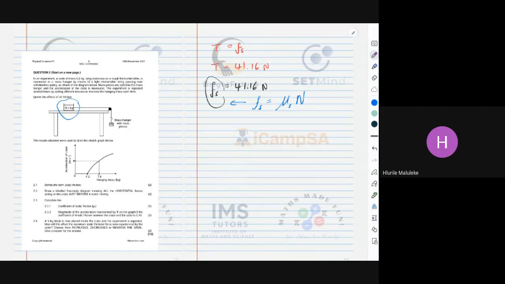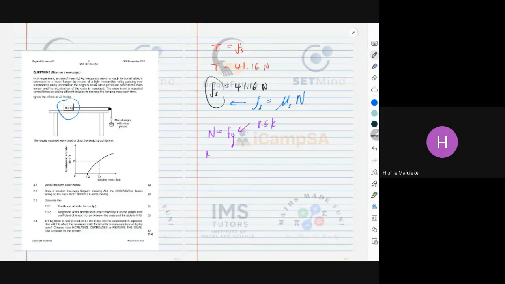Do you agree? Okay, so our normal force here equals Fg of this crate, which is your 8.5 kg.